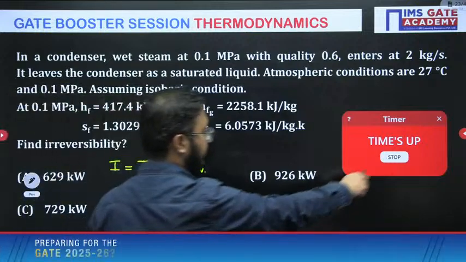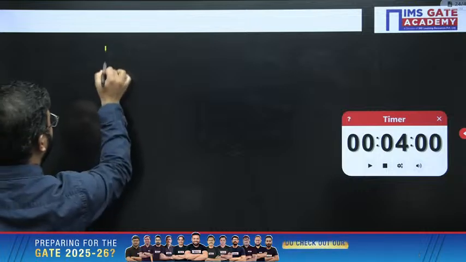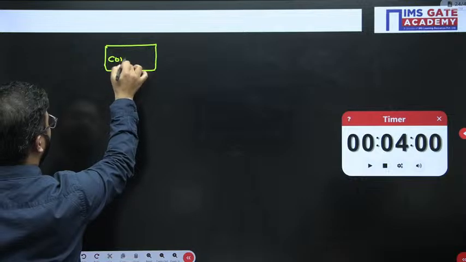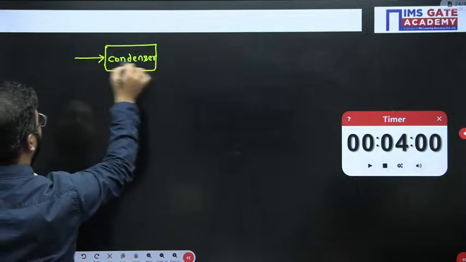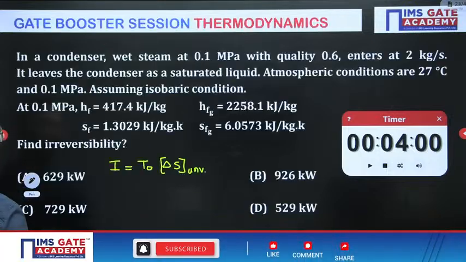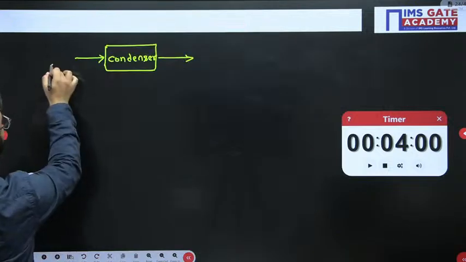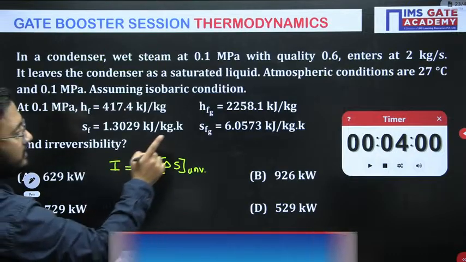Time up. Now let us see the problem here. This is the condenser they have given. This is entry and this is exit. Let's suppose this is the first point. Information they have given: entering as wet steam at 0.1 megapascal and 0.6 is the quality.